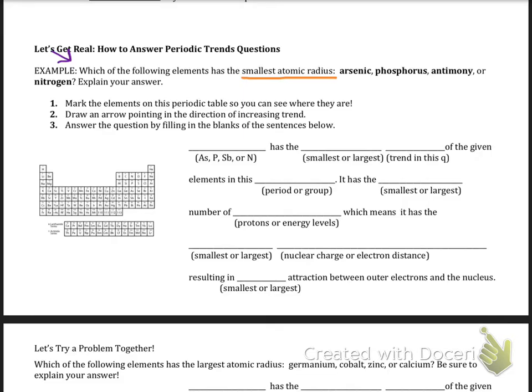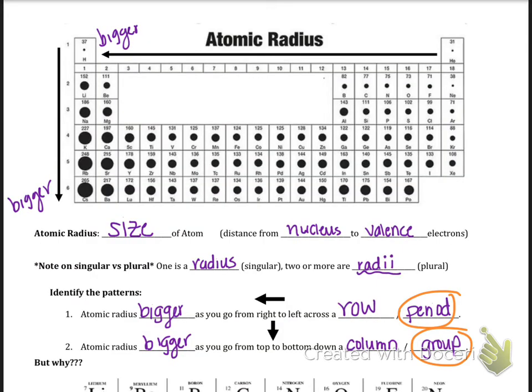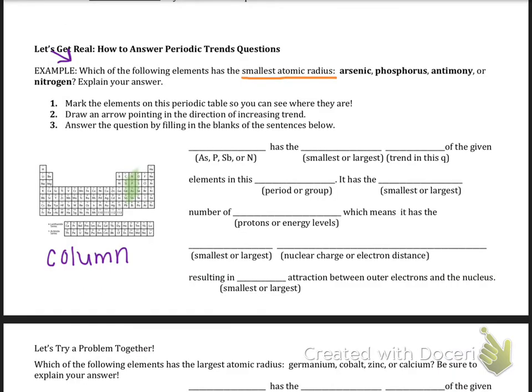I am going to highlight it over here as well, just so you know where it is. We can see that all of these elements are in the same column, so I'm going to make a little side note right here. Now, according to our notes, we know it gets bigger going down a group. So I'm going to put an arrow going down this way. That's like a note to self.